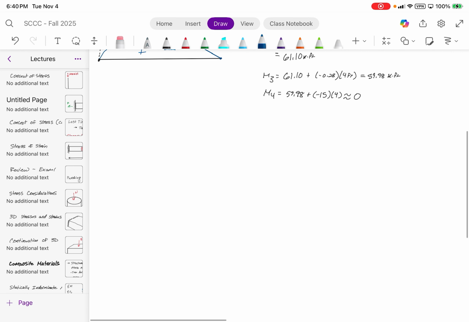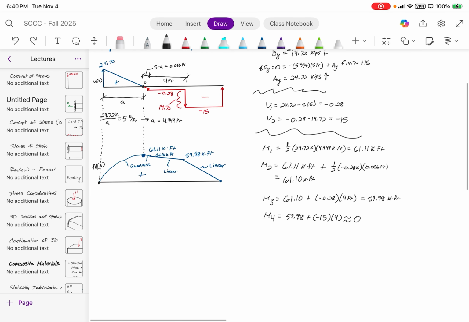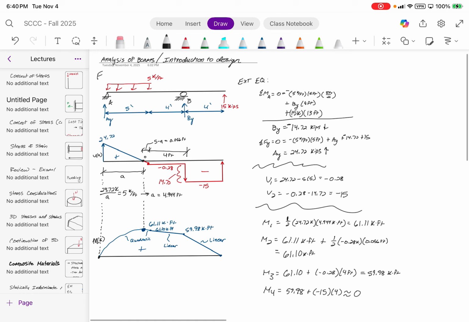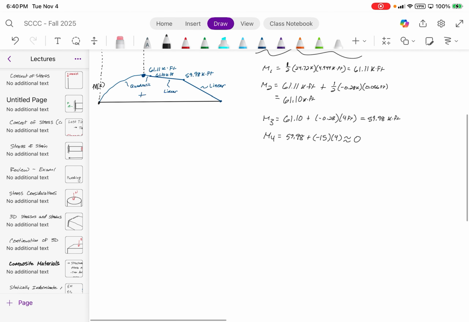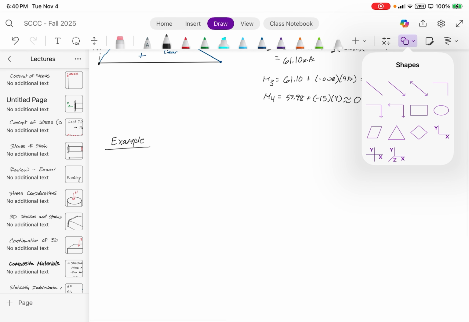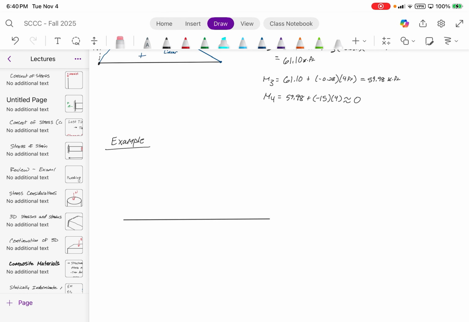Let's do another one really quickly. Oops. So I'll say that this was another example. This is, again, another example. Let me look at my notes. Let me find one in the textbook.